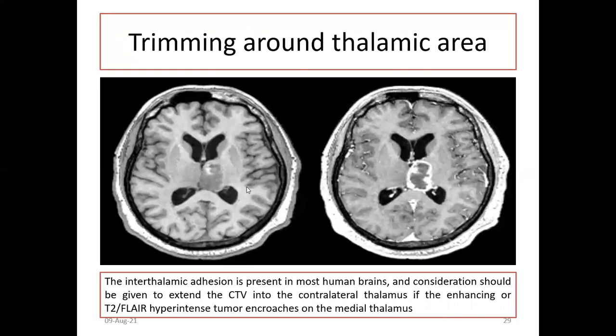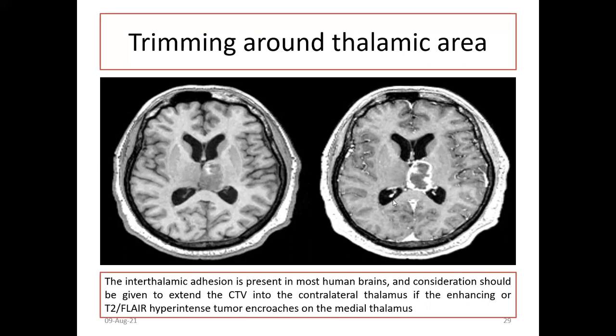Trimming around the thalamic area: the thalamus has an interthalamic adhesion present in most human brains. Consideration should be given to extending the CTV into the contralateral thalamus if the enhancing T2 FLAIR abnormality encroaches on the medial thalamus.